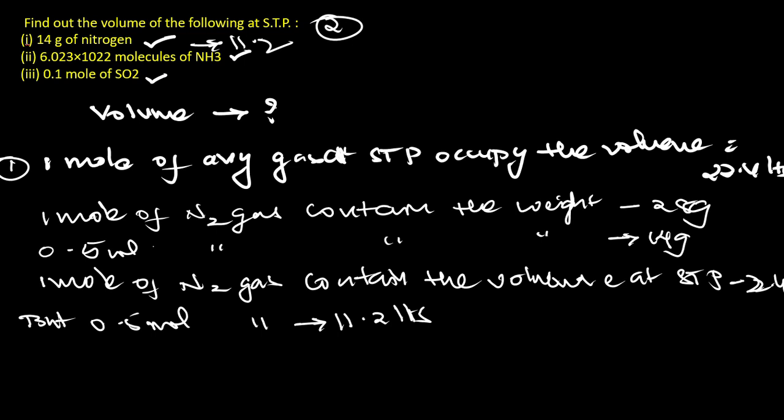Next, coming to the second question: 6.022 into 10 to the power of 22 molecules of ammonia. The formula is: the number of molecules equals mole into Avogadro number.